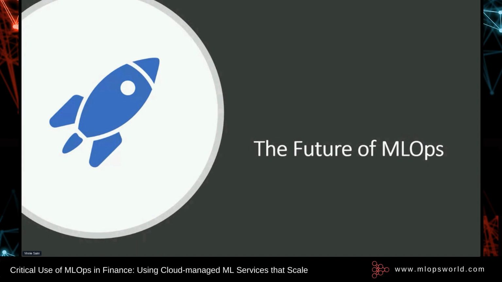There was a latest report by Forbes or McKinsey, I'm not sure, that only 6% of the companies are actively using AI for decision making, and hardly 15% have an IT infrastructure to support the model deployment.